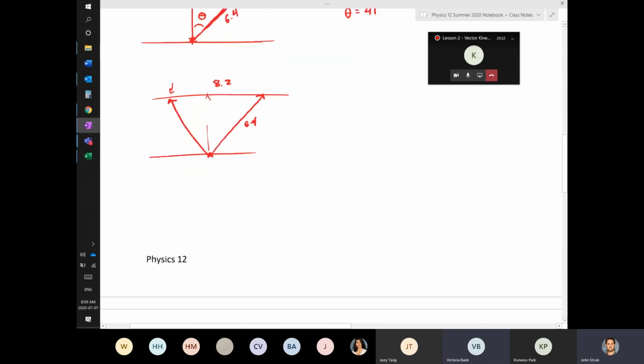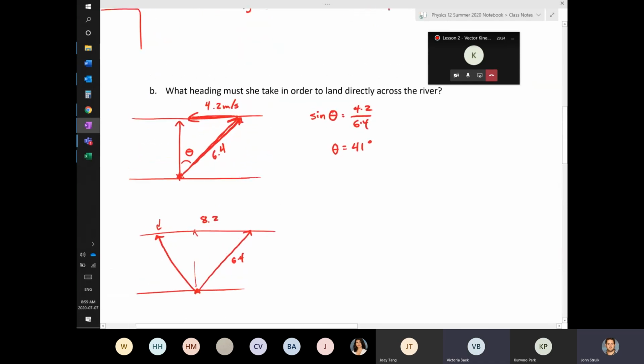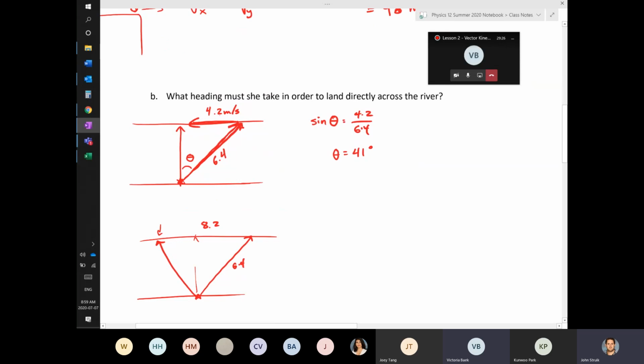I have a question. Yeah. Do you not put the direction though, like north of? Yeah, I guess I could. In this case, I would just say upstream, because it's intuitive that you would have to go upstream in order to land directly across.